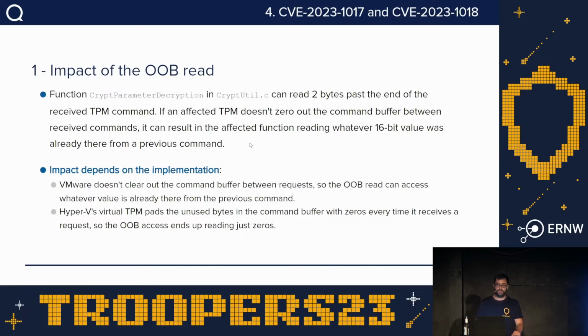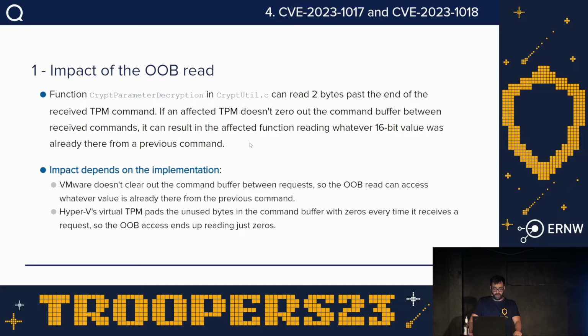But this is really dependent on the implementation. For example, in the different virtual TPMs where I tested it, VMware doesn't clear the command buffer between different requests, so the out-of-bounds read ends up reading whatever 2 bytes were already there from a previous command.